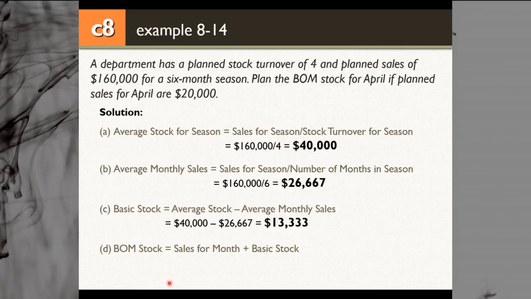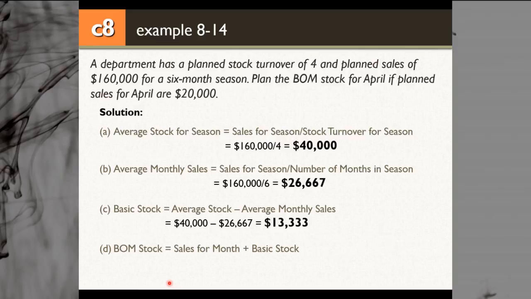You can do the same for other months. To calculate your BOM stock, it's the planned sales for that month plus this basic stock. You always keep this basic stock throughout the season.